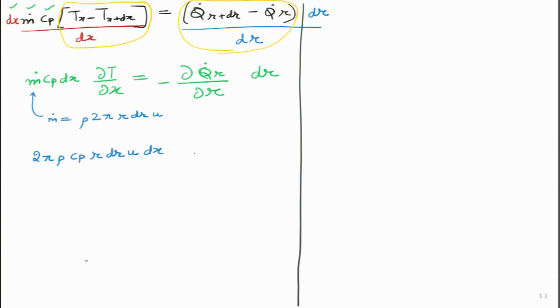It looks a little bit long, but I think it turns out to be very nice, and we have del T by del x. And on the right hand side we have minus del q dot r by del r into dr. Now, I can see that this dr can get cancelled with this dr over here. What else can I do? I can now try and expand this particular relationship.